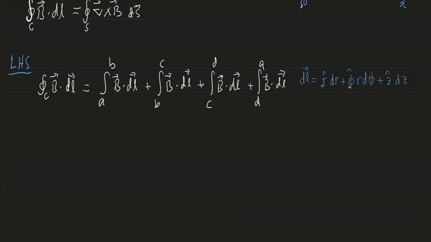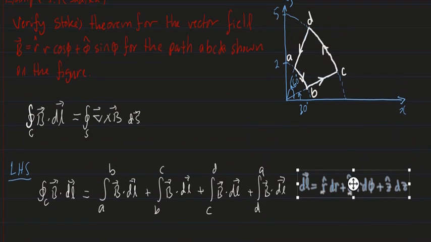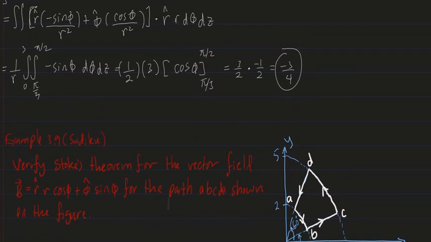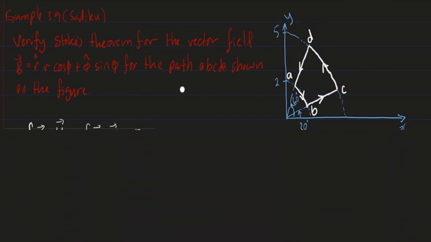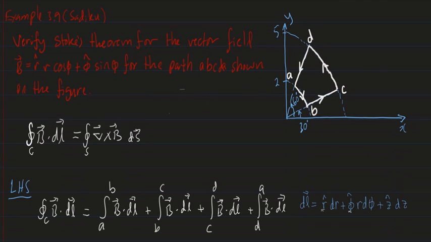Now let me write what B is so that it's more convenient: B is equal to r hat r cosine phi plus phi hat sine phi.